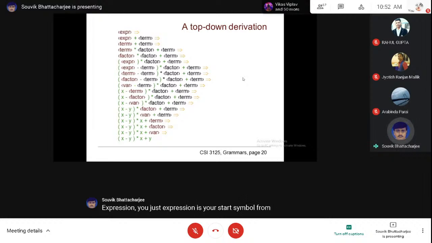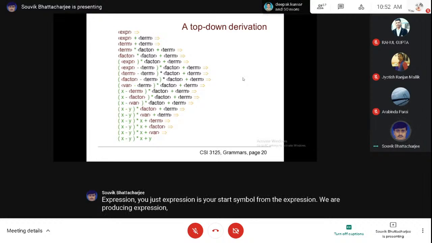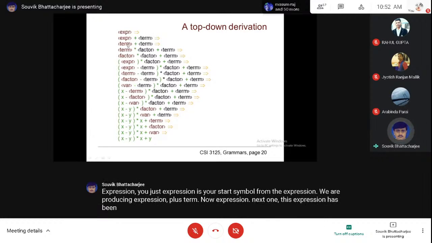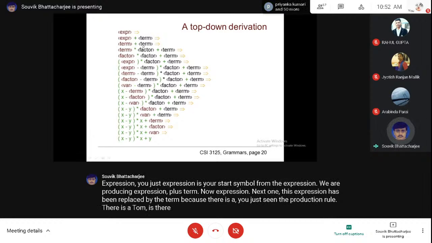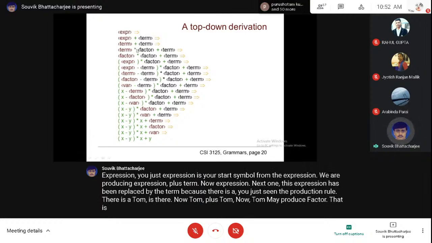From the expression we are producing expression plus term. Now this expression has been replaced by the term because there is a term in the production rule. Now term plus term. Now term may produce factor, that is, term may produce term into factor.